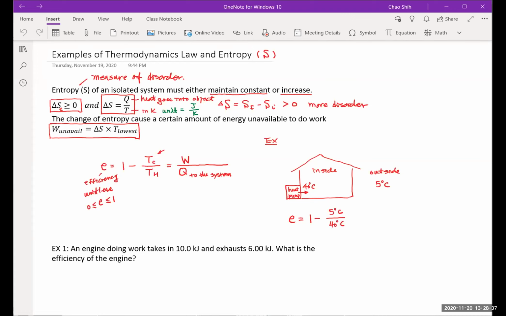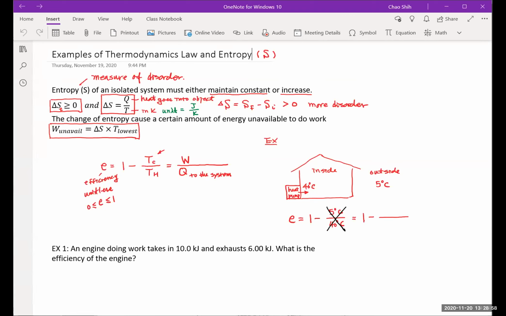And if you write this to do the calculation, you're totally wrong. The reason is when you do this kind of calculation, all temperature has to be in Kelvin. You cannot use Celsius. So the correct way to do that is equal to 1 minus cold temperature in Kelvin.